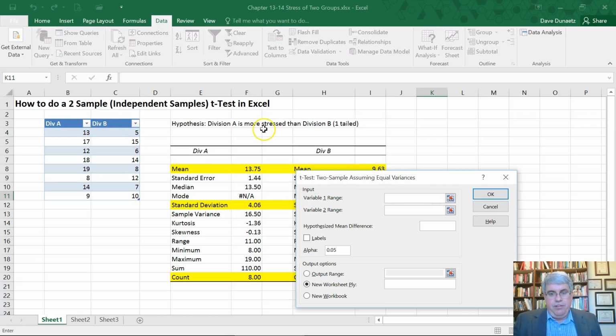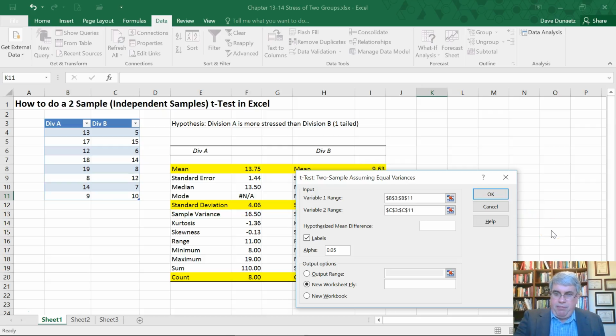And so we want to look at the two variables. The input for variable 1 will be this first column, Division A. The variable 2 range will be Division B. And these have the labels in the columns, Division A and Division B. Now this hypothesized mean difference is almost always going to be 0.